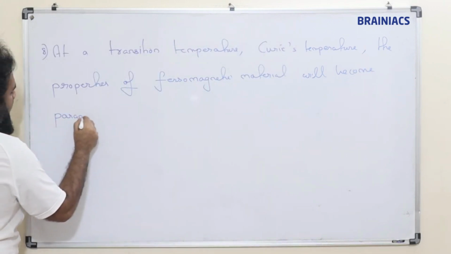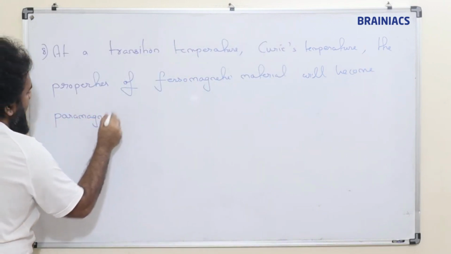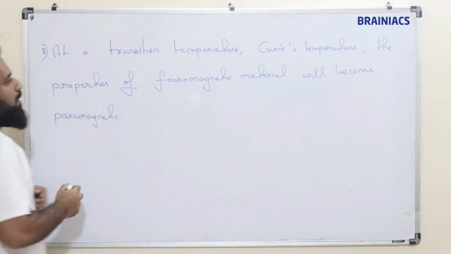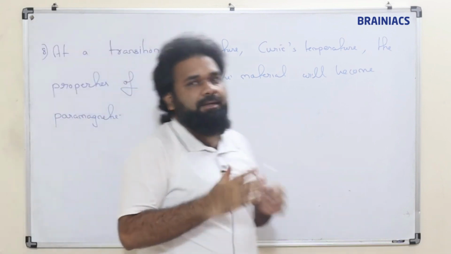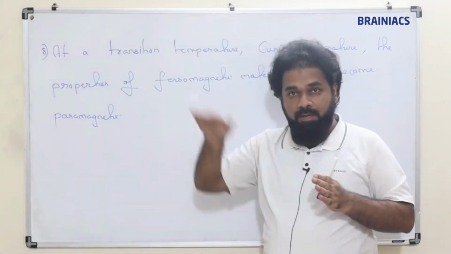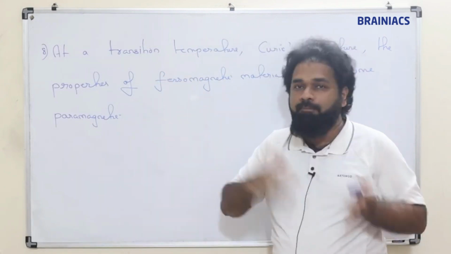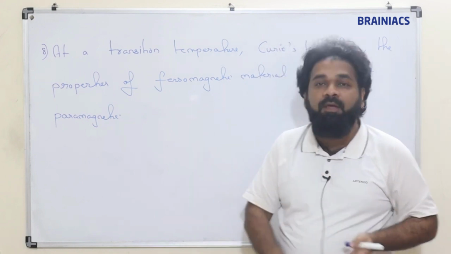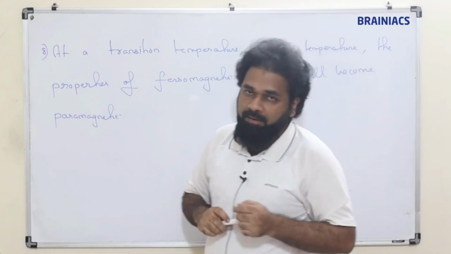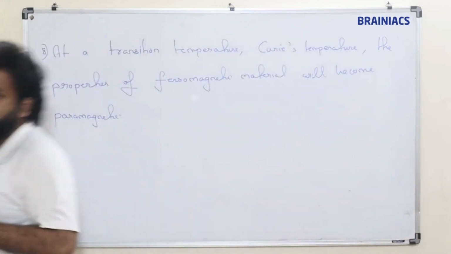At some high temperature called Curie's temperature, the behavior of ferromagnetic will change into paramagnetic. It will not become a paramagnetic material, but the behavior will become like a paramagnetic material. Please note it down.